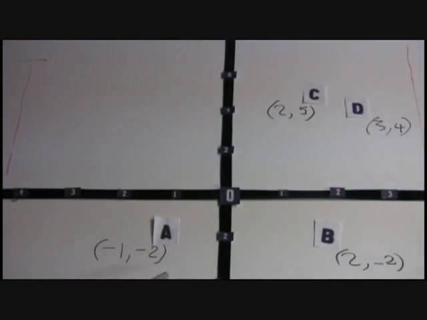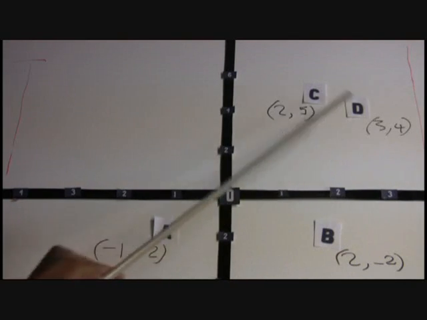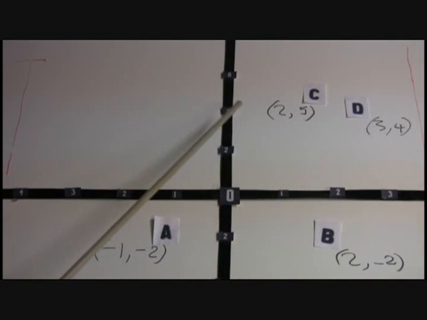We have matched a number on the x-axis to a number on the y-axis. That number set tells us the exact location of that point. Such a set is called the ordered pair.